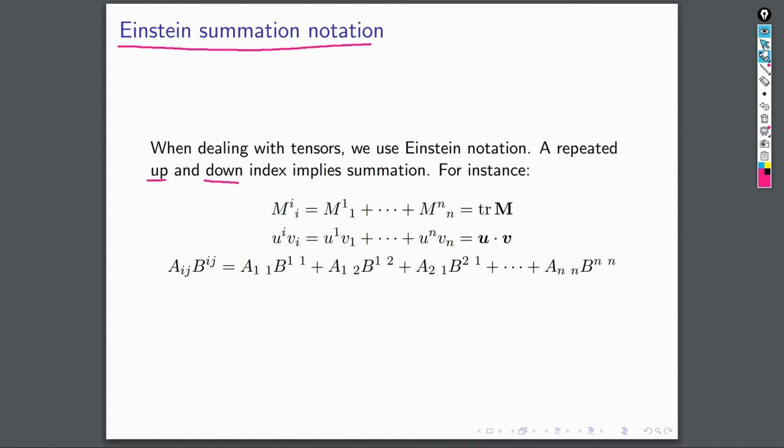So for instance, this is not true with repeated down indices. So M_ii is not M11 plus M22 plus and so on. The way we would write that is delta^ij M_ij, because this delta is only 1 when i is equal to j.